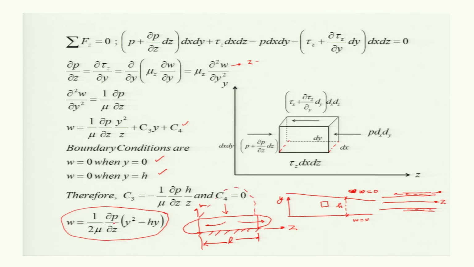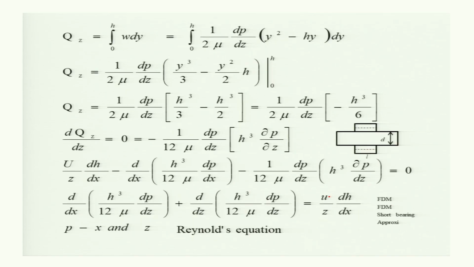So, we have W. Now, we can find the flow in the direction of z, considering the unit width of the bearing. So, that is done here. Qz is equal to the integral from 0 to h of W dy.